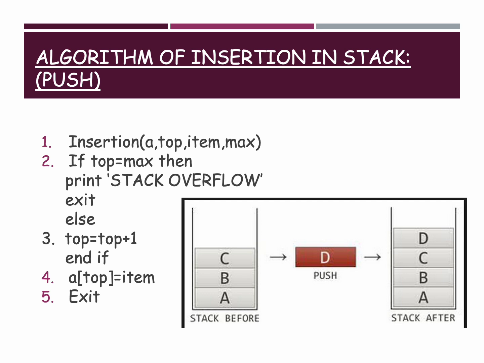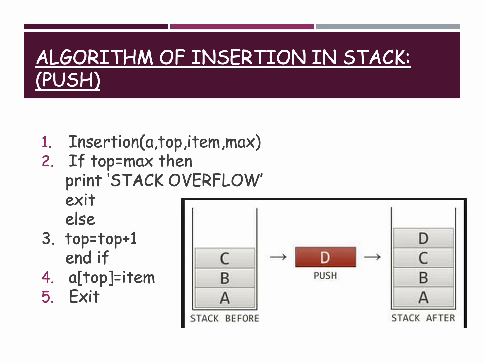Now if you look at here, this is the algorithm for push operation. So if you look at this step by step, the function takes 4 parameters: A, top, item, max.